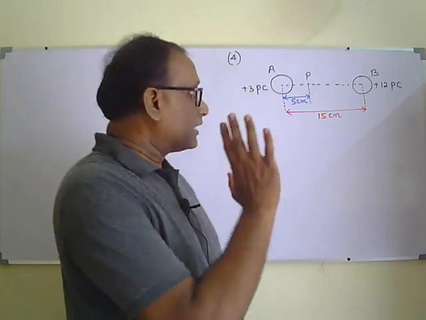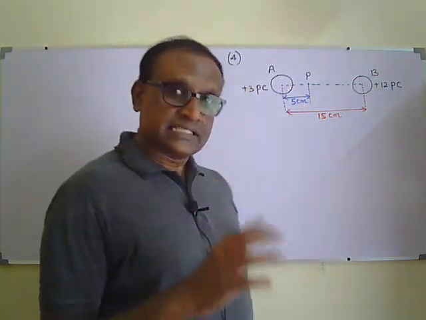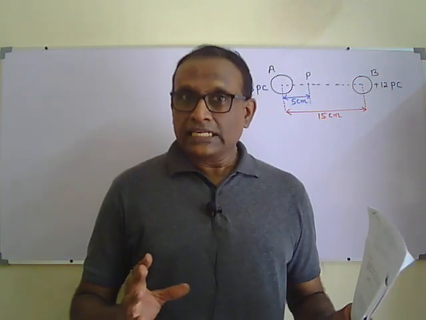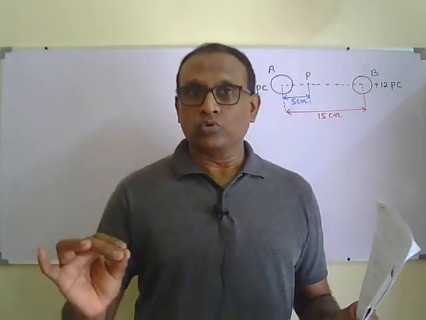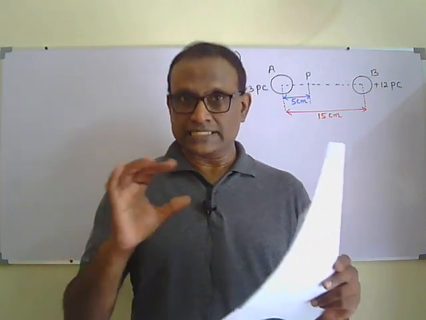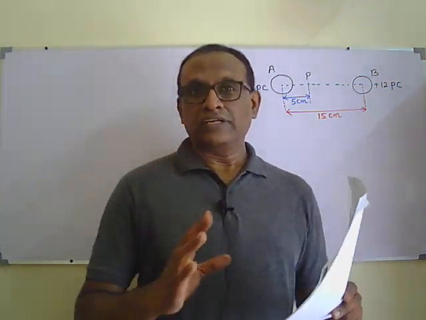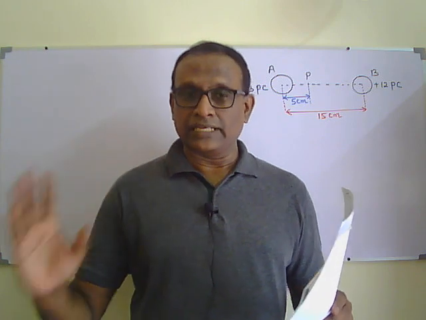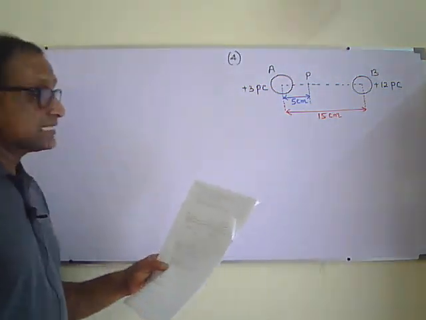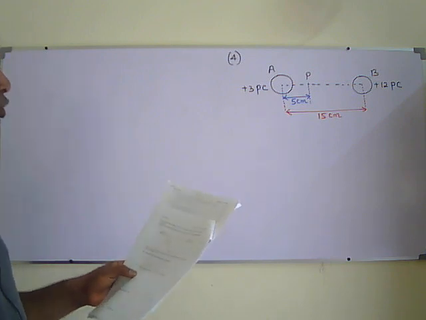Once again, they are conducting spheres. They have delocalized electrons, and those delocalized electrons should not move. That means they should not experience any electrostatic force inside the sphere. So according to F equals QE, F must be 0. Therefore, E must be 0 inside the sphere, right? That is the A part of question number 4.